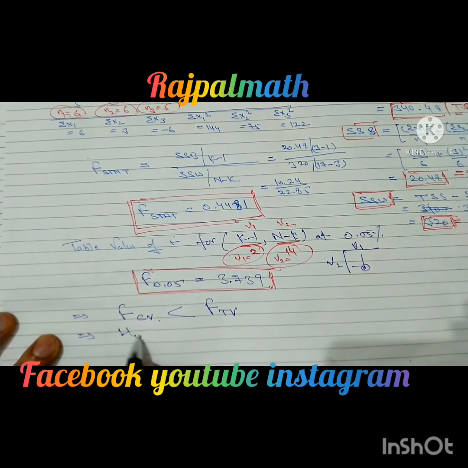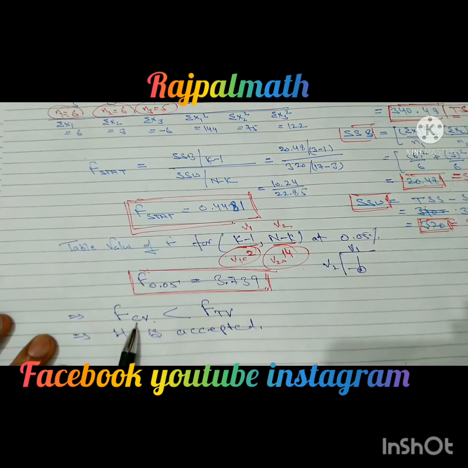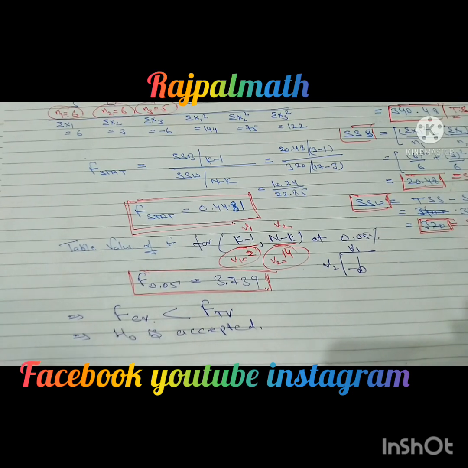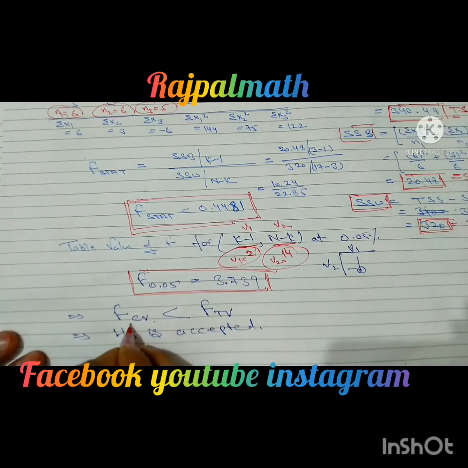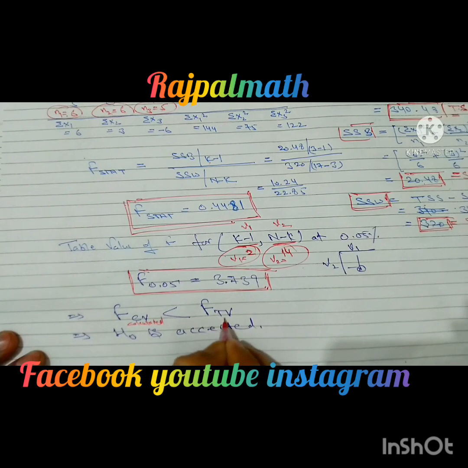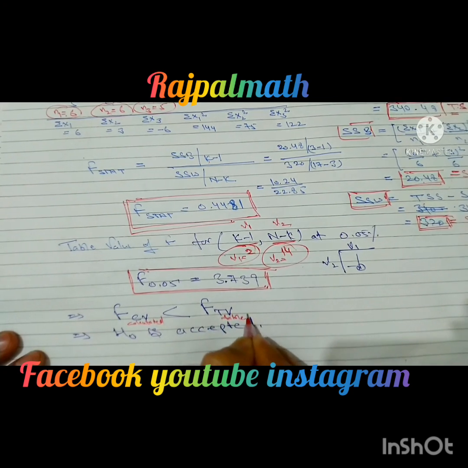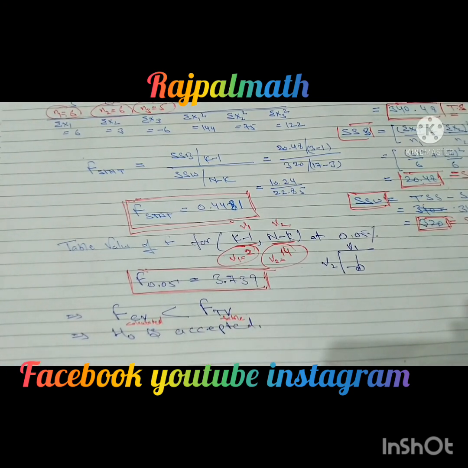Which implies H naught is accepted. CV is the calculated value, this is the calculated value, this is the table value or critical value, right?